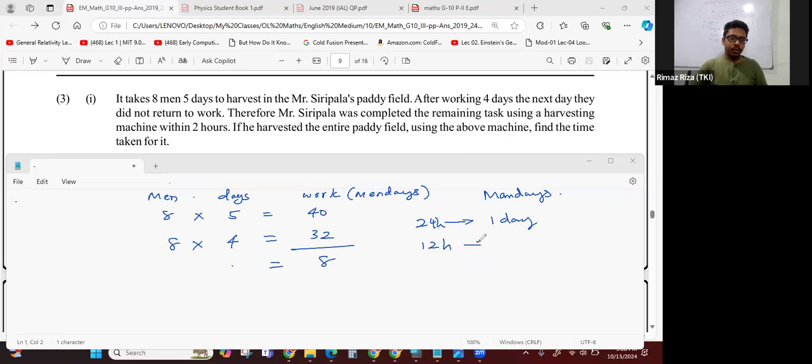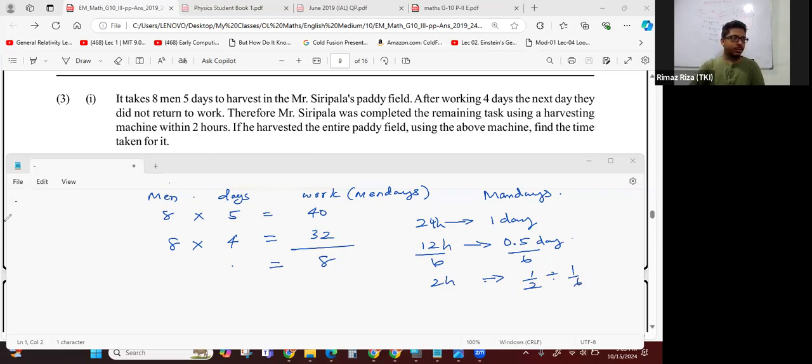Then 12 hours is equal to half a day, 0.5 days. Then you can divide both sides by 6, right? So 12 divided by 6 is 2 hours, and half, 1 over 2, divided by 6, which is 1 over 6.